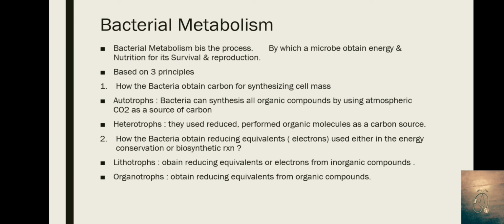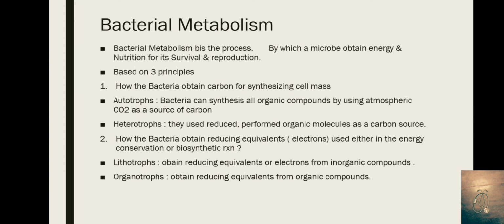Heterotrophs use reduced, preformed organic molecules as a carbon source. And coming to how bacteria obtain reducing equivalents, that means electrons, used either in energy conservation or biosynthetic reactions: lithotrophs and organotrophs.